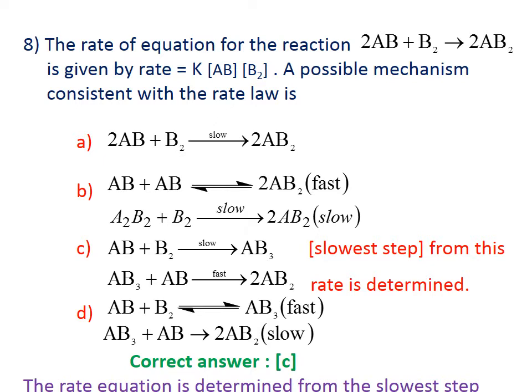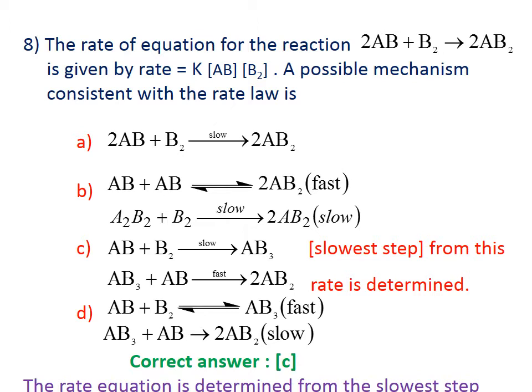If the first equation is the slowest step, the rate equals K into AB the whole square plus concentration of B square. Therefore, it is wrong. In the second equation, the second step is the slowest step, so the rate equals K into concentration of A2B2 into concentration of B2. Therefore, it is also not correct.